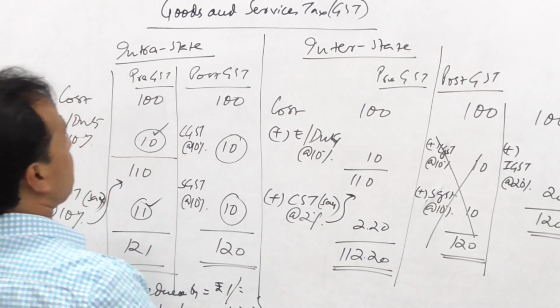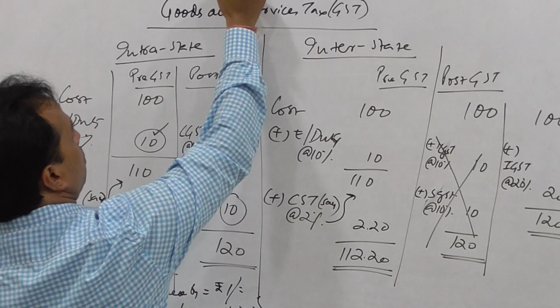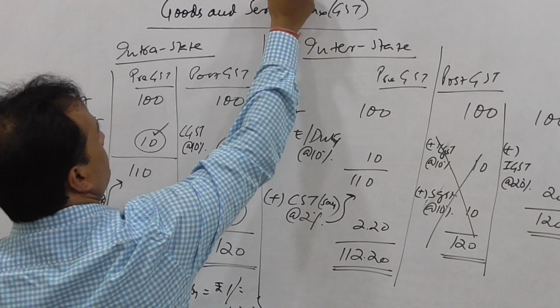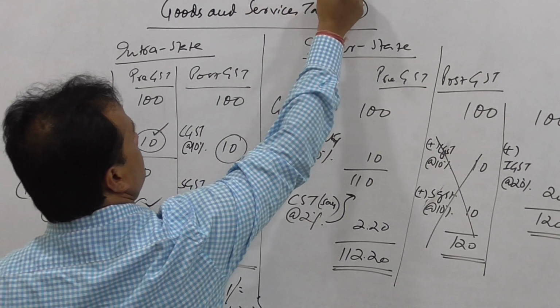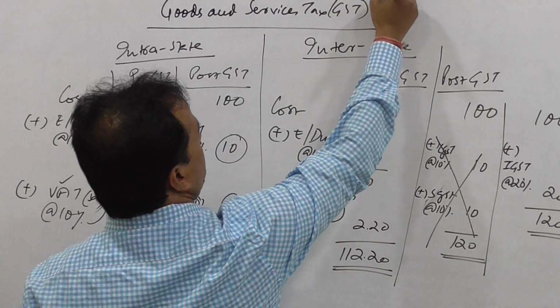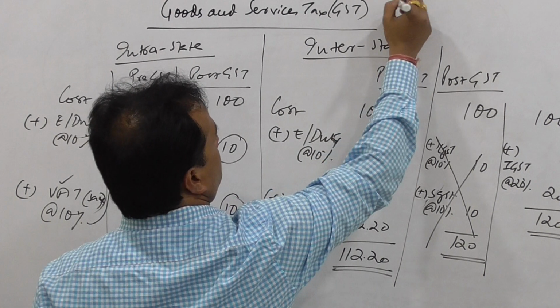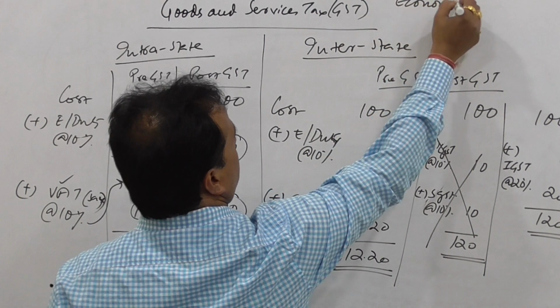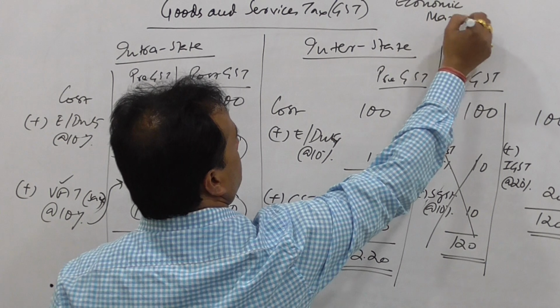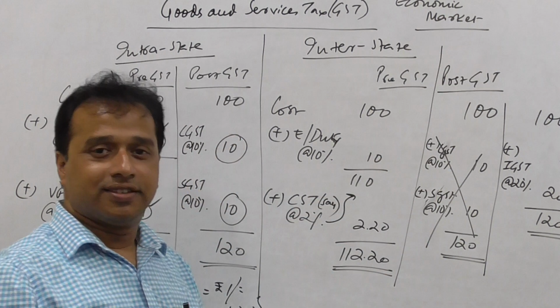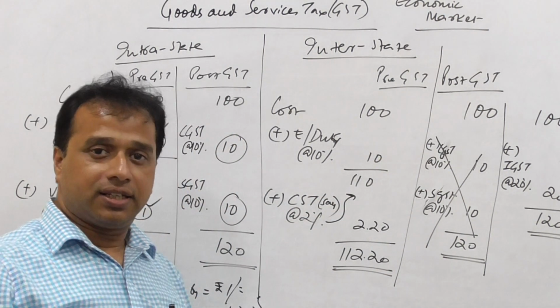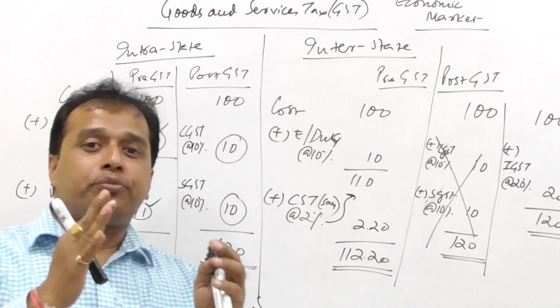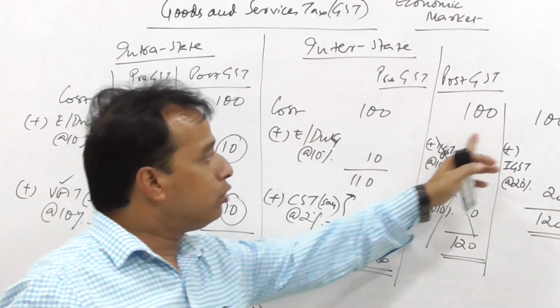So GST is said to be one nation, one tax and one common economic market. Even if you sell, the tax component remains the same provided the value remains same.